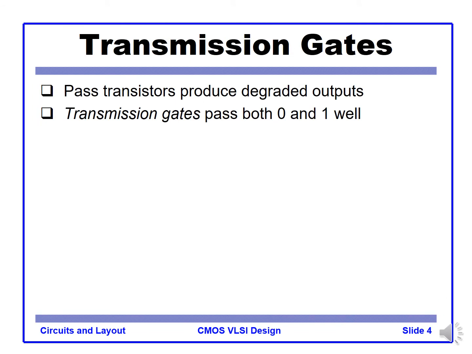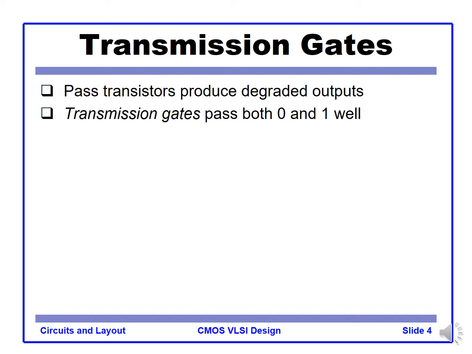If you think about what would then be the ideal switch, NMOS is only capable of driving zero properly, and PMOS is capable of driving VDD properly. But an ideal switch needs to pass both 0 and 1 well.